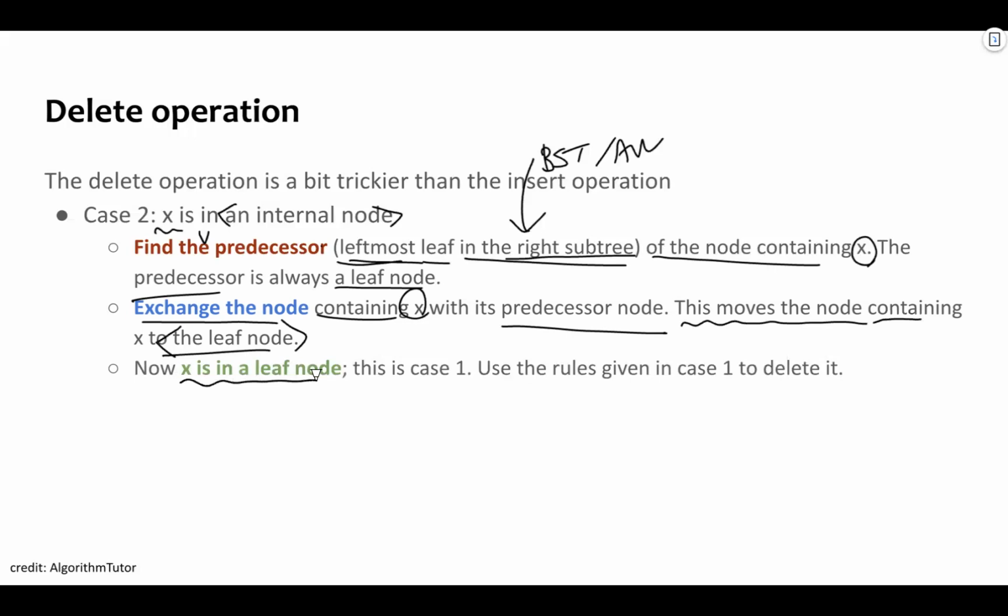Now X is a leaf node. This is case 1, and we're going to use the rules given in case 1 to delete it. So in summary, we are reducing case 2 into case 1 by replacing the item that we want to delete with the leftmost leaf in the right subtree, and it's going to become case 1.